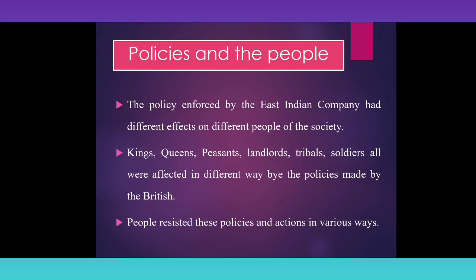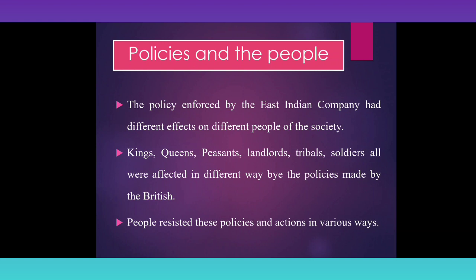From here we start, and then we see there were different policies made by the Britishers, and they affected people living in our country, the Indian subcontinent. The policies enforced by the East India Company had a different effect on different people of society: kings, queens, peasants, landlords, tribals, soldiers.